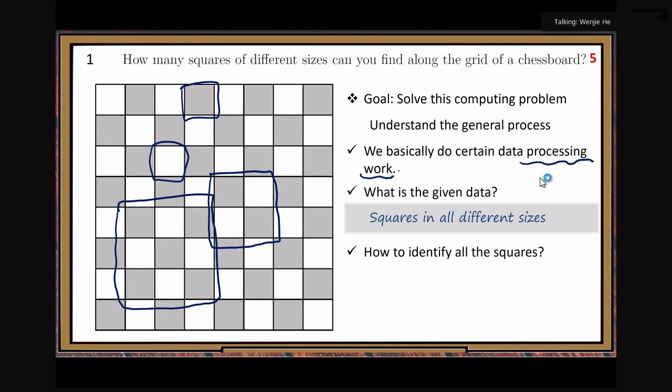How to identify each square? How do you describe one square? Can you find a specific way to describe any square? Let me just use this 3 by 3 square. How do you identify the location? How do you describe precisely the location of the square?